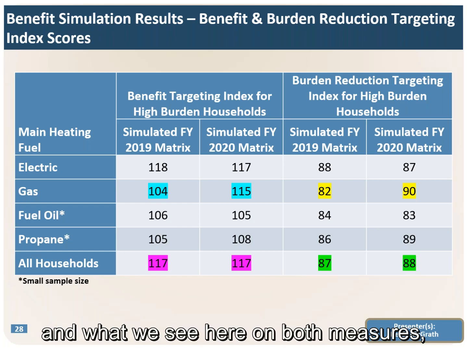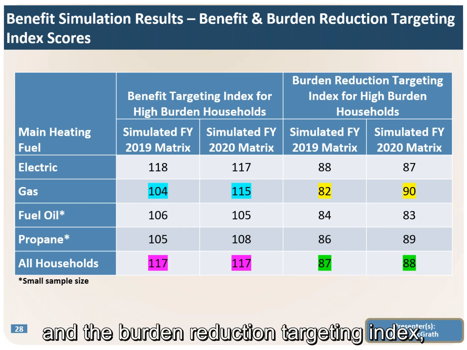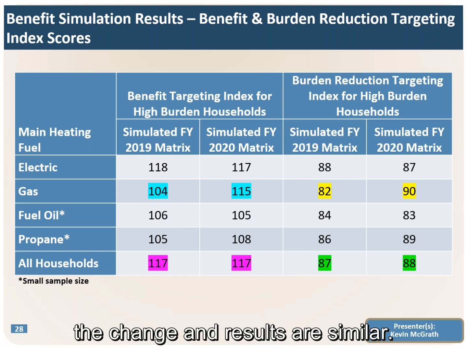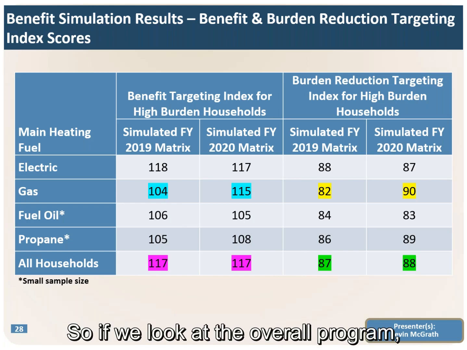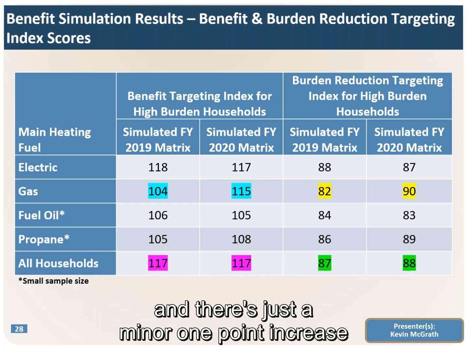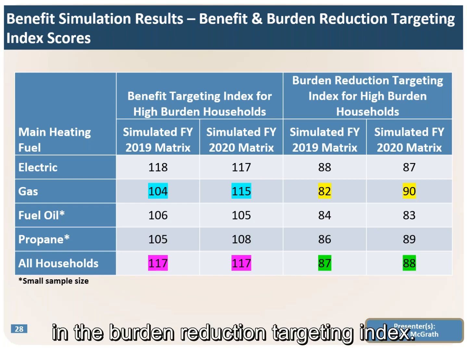And what we see here on both measures is that the change in results is similar. If we look at the overall program, the all households row, there's no change in the benefit targeting index, and there's just a minor 1-point increase in the burden reduction targeting index.